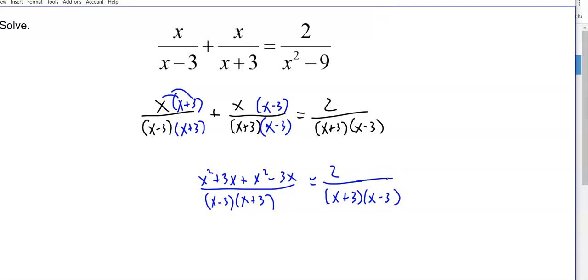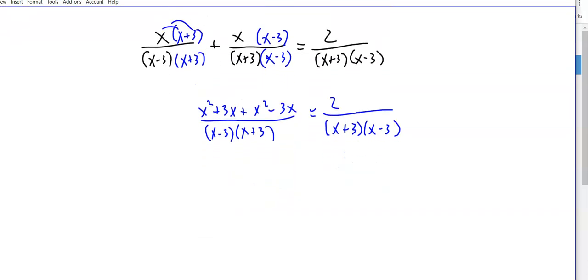Since they're both, at some point, don't we need to multiply by the LCD, right? I mean, the top left will be 2x squared. Top right will be 2.